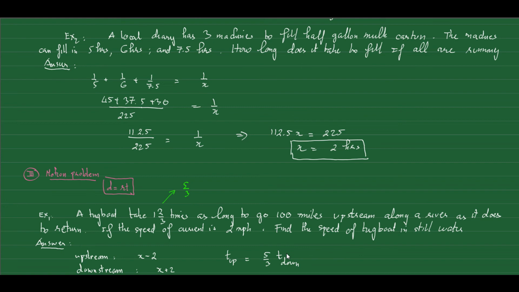Hold on. So T upstream takes longer. And T is equal to D over R, right? According to this formula, T equals D over R. So we know that T upstream could be D over R upstream, right?